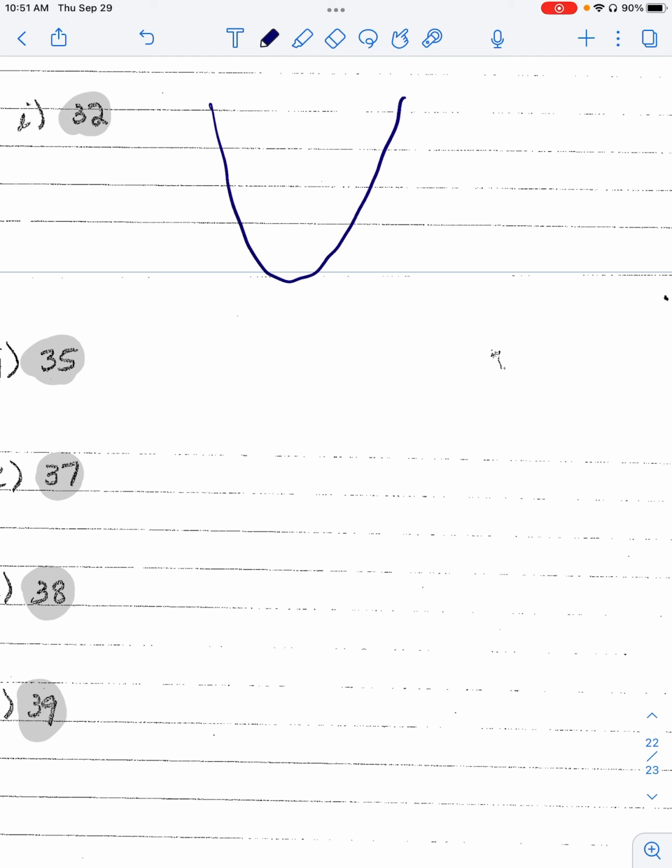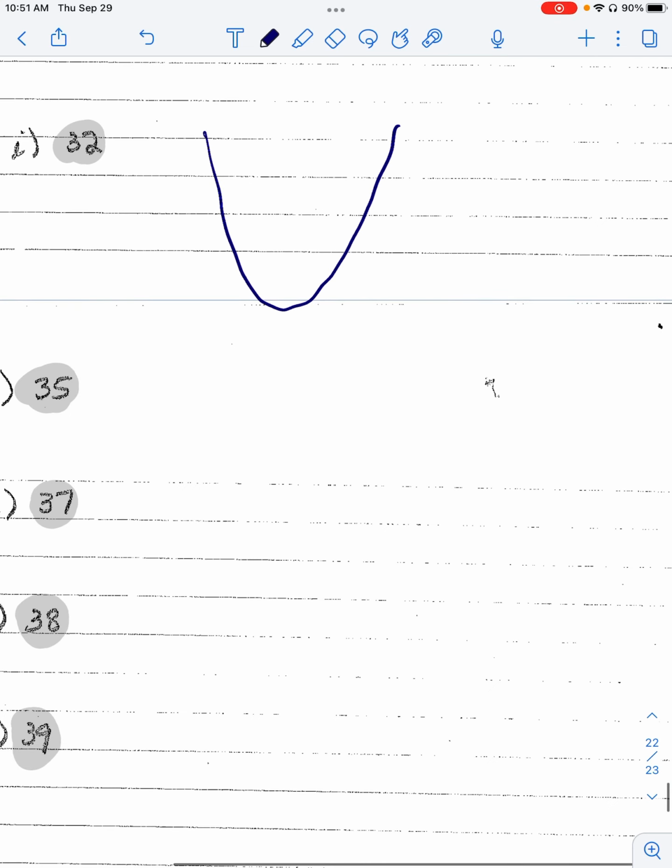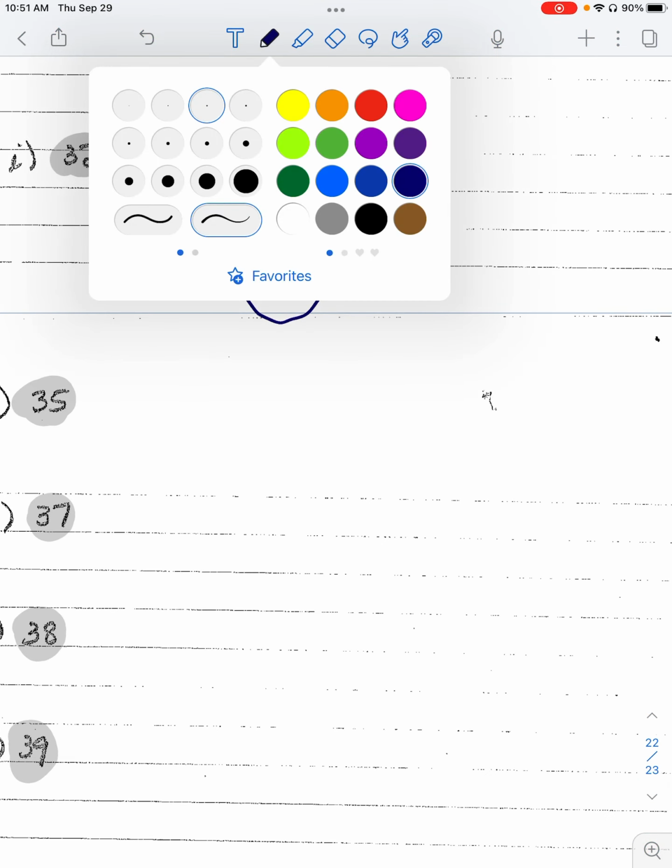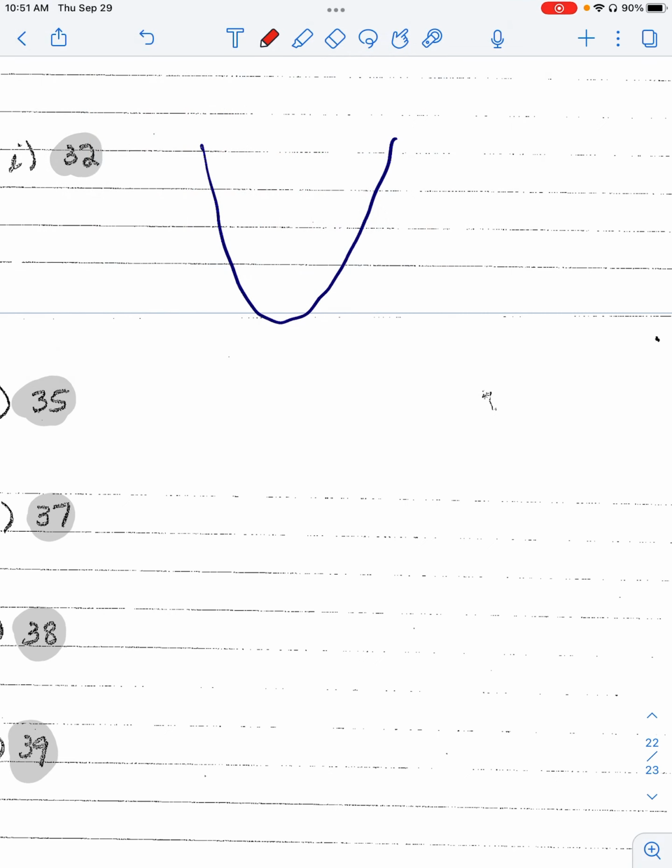And we know that the top of my parabola is 32 inches across, and it's 8 inches deep. So from the top of the parabola to the bottom of the parabola, that's going to be equal to 8.